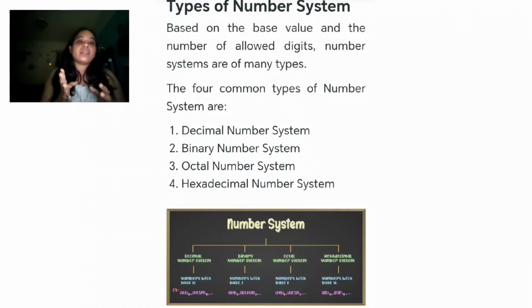The categories are decimal, binary, octal, and hexadecimal. Decimal base is 10, binary base is 2, octal base is 8, and hexadecimal base is 16. These are also known as radix. We are going to see these number system calculations in our digital electronics.